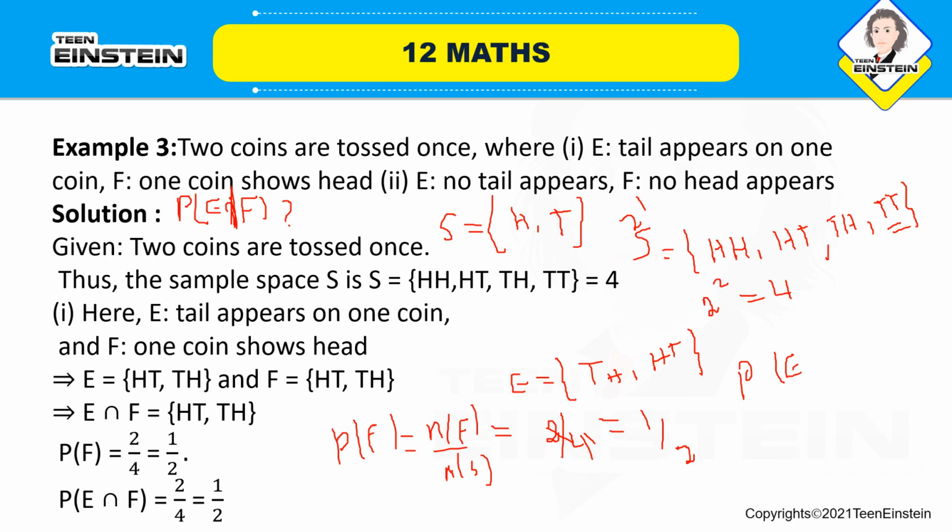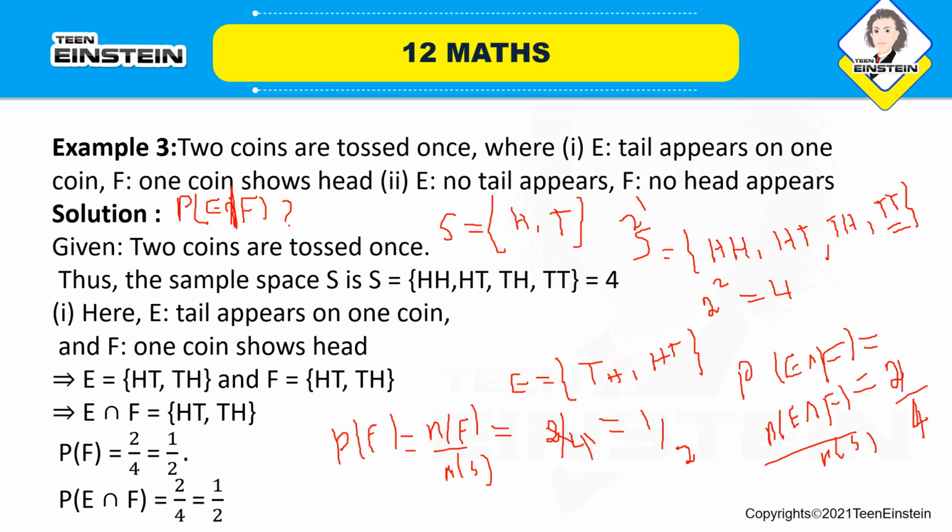So P of E given F is the intersection of these two events by P of F. So let us find P of E intersection F, equal to N of E intersection F by N of S. N of E intersection F, the number of elements in E intersection F, is 2. So this is 2 by the number of elements in S, which is 4.